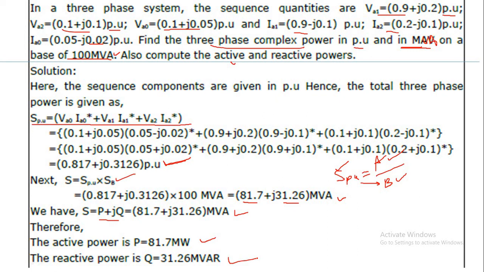If you want to calculate, you can use the formula for active power, 3 into VA0 IA0 cos phi 0 plus and so on, but here they have not given the values of cos phi 0, phi 1 and all. Directly we get the magnitude, that is, we have the rectangular form. Compare with the complex power equation, we can get active power and reactive power.